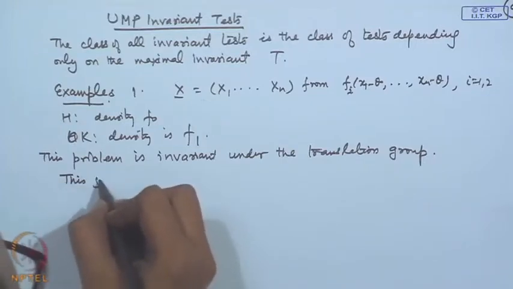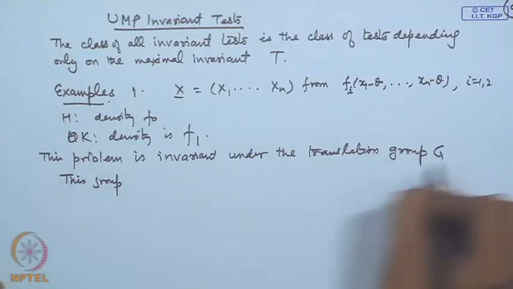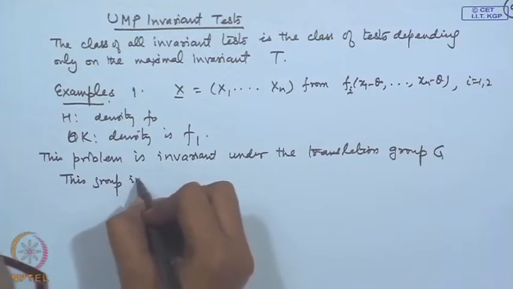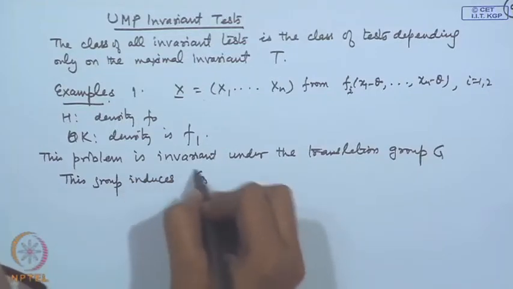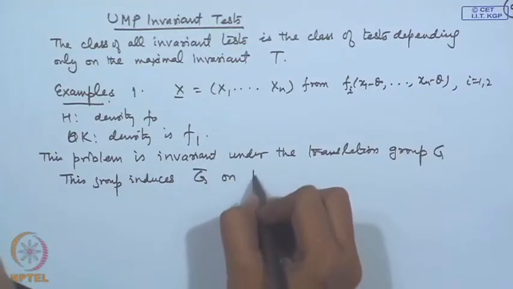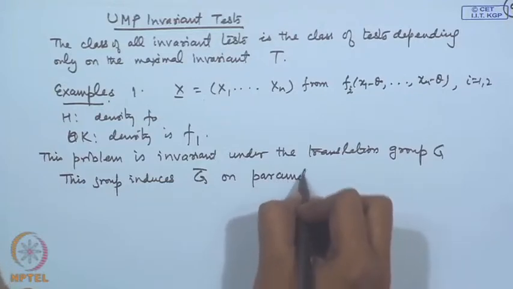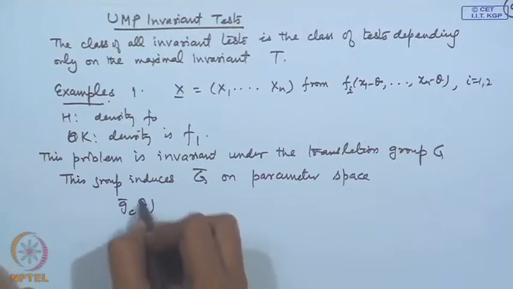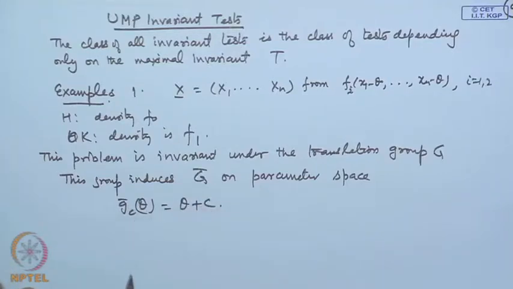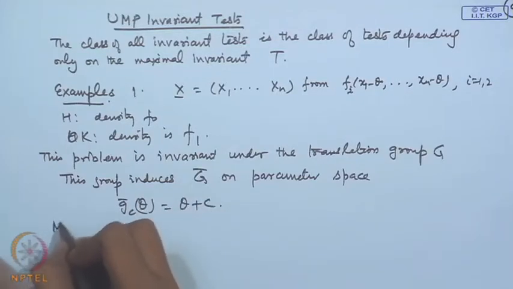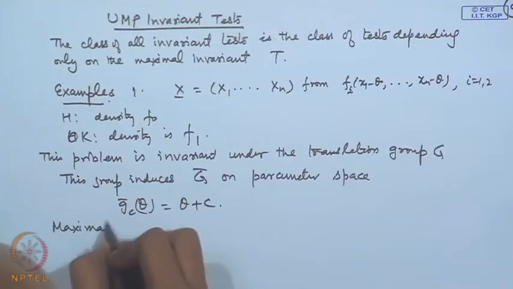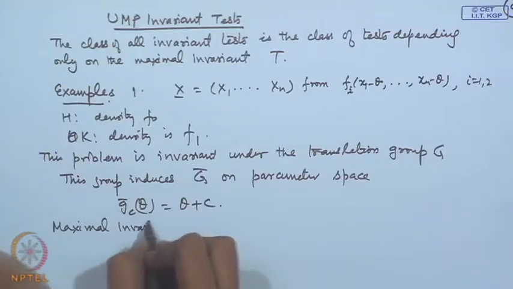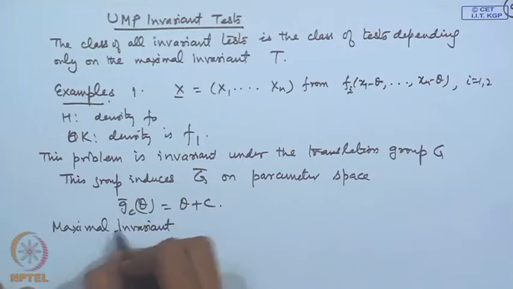Now, if we consider this group, it induces G bar on the parameter space, that is, G c bar of theta is equal to theta plus c. And for the maximal invariant, I wrote several different ones, but they were all one-to-one functions.